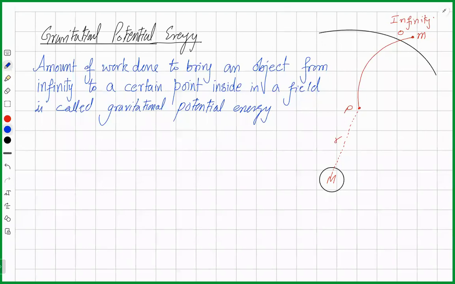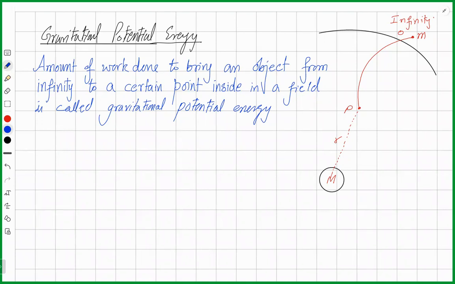Do you remember mgh? In mgh, actually mgh is not the formula for gravitational potential energy. At the end of today's lesson, we will learn that it is just the change in gravitational potential energy. It is not the gravitational potential energy, it is the change of gravitational potential energy.